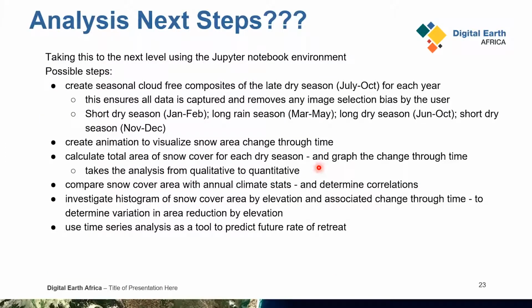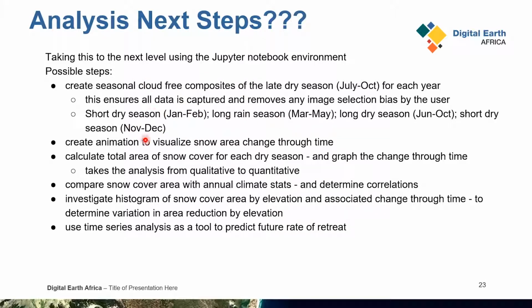So for the next step, we wanted to try to create seasonal cloud-free composites for the different seasons, and also to compare them with existing climate data. But the climate portal for Tanzania wasn't working. So I would like to request if any one of you could advise me on how to get the data.